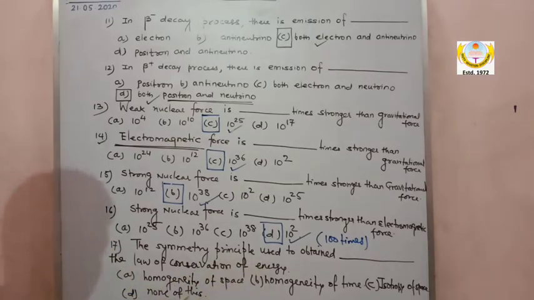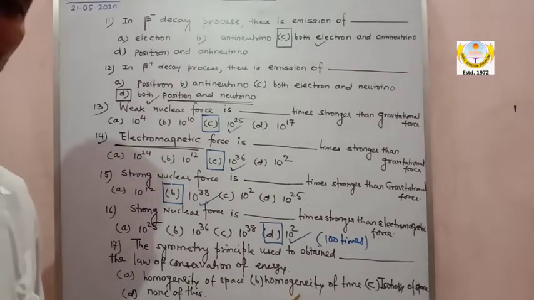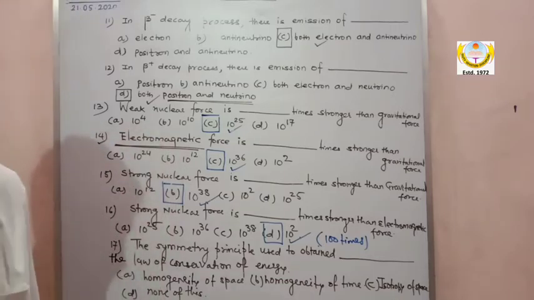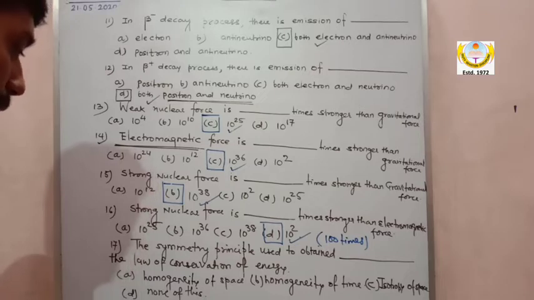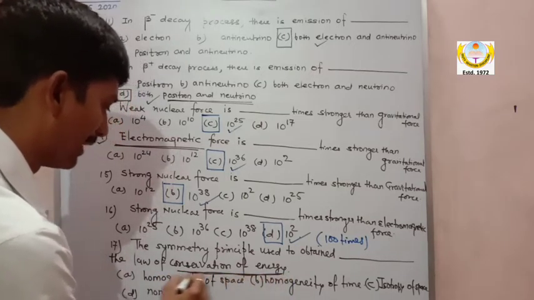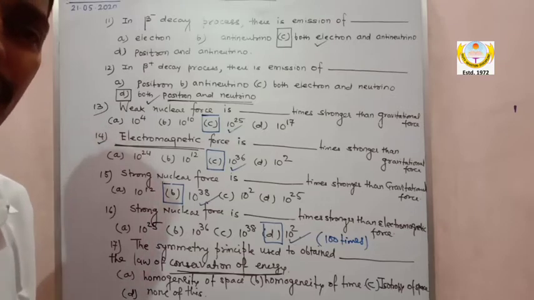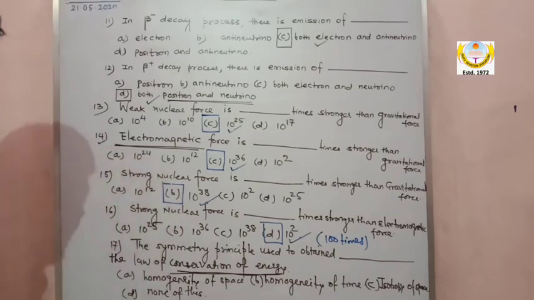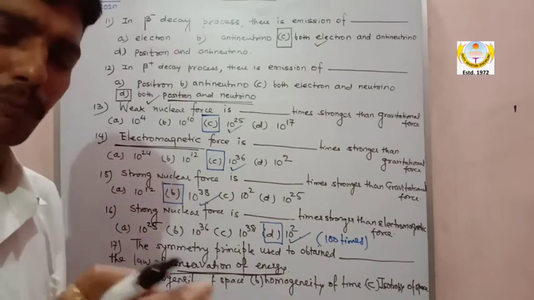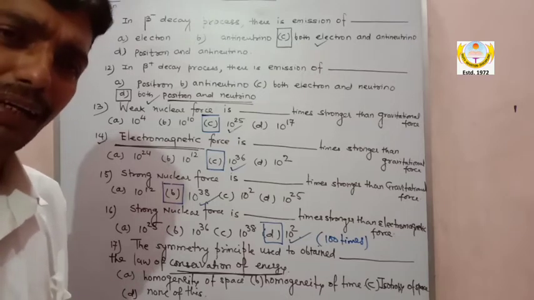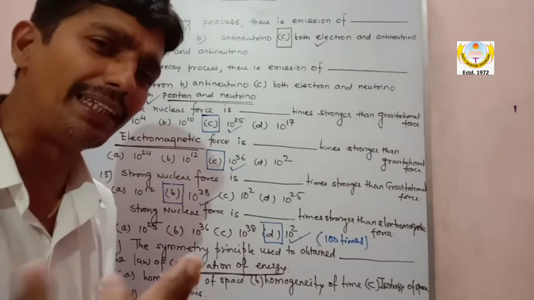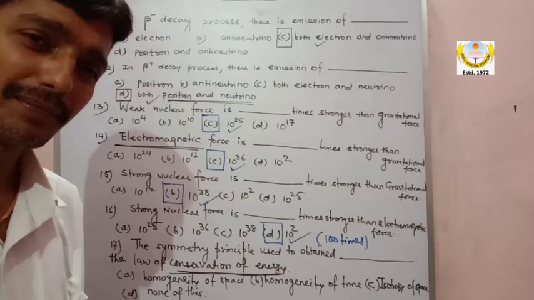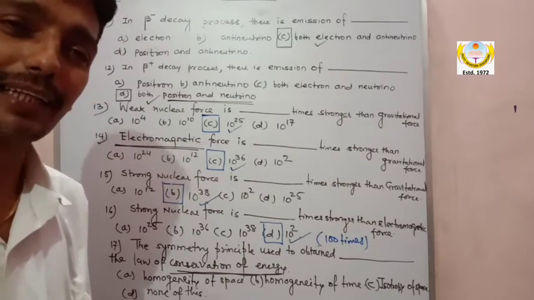Which symmetry principle? Do we use homogeneity of space, homogeneity of time, isotropy of space, or none of these? Now try to understand, my dear. The question is about conservation of energy. You all know that energy can neither be created nor destroyed. It can be transferred from one form to another. Now my dear, I mean to say that if I do some experiment today, and if I repeat the same experiment after 1 year, it will give the same answer.